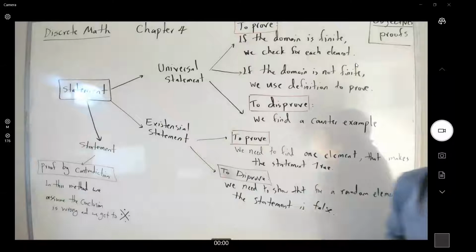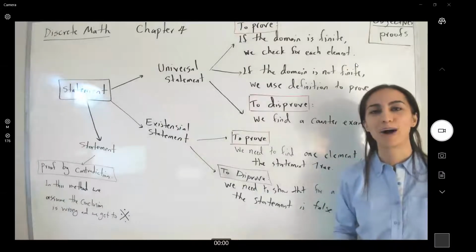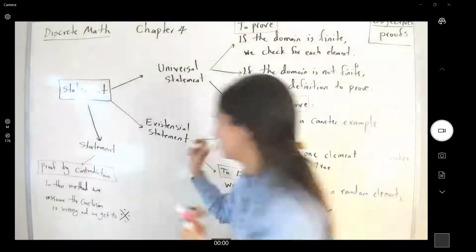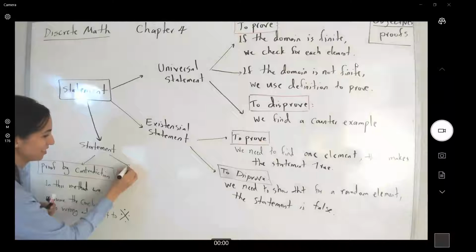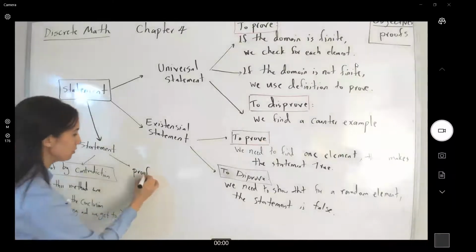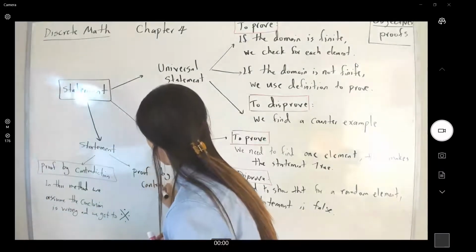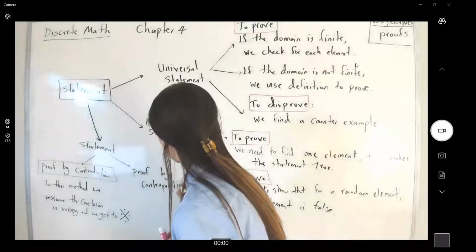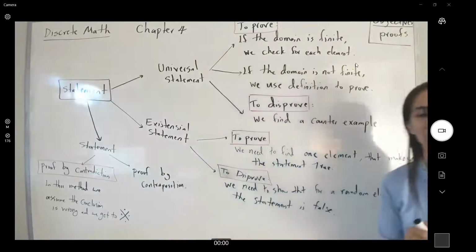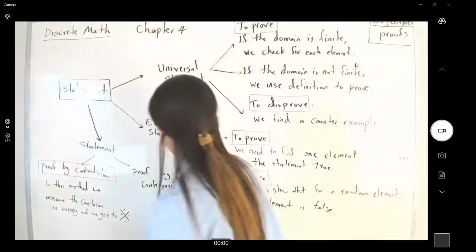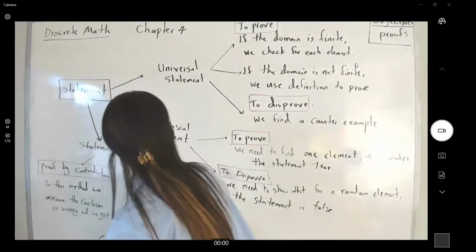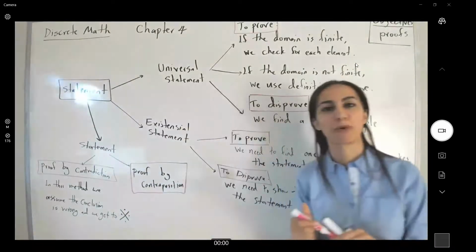Very well. Another method is called proof by contraposition. This usually works when we have implication. In this case, you already know what is contrapositive.